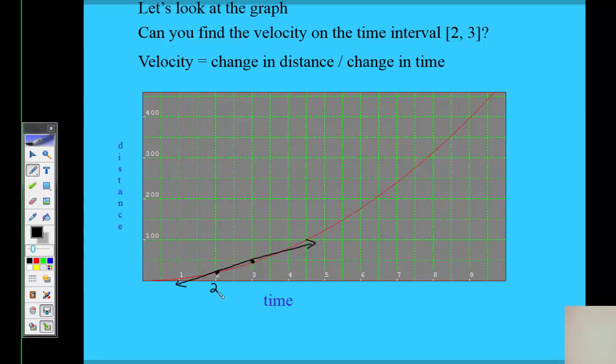We know the t value in this case is 2. How could we find the y value? Or the s value in this case, because our function is written as s of t.